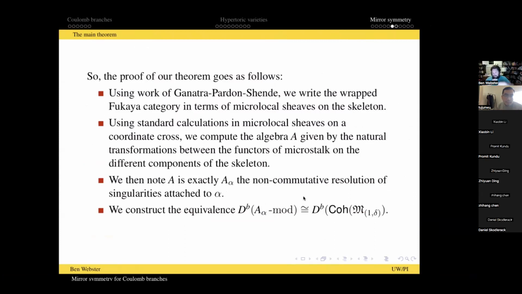And this is literally exactly the same as the non-commutative resolution, the quiver presentation that comes from this tilting bundle. So we say, hey, look, the most obvious thing you can do with the skeleton gives you the non-commutative resolution, and there's an equivalence.